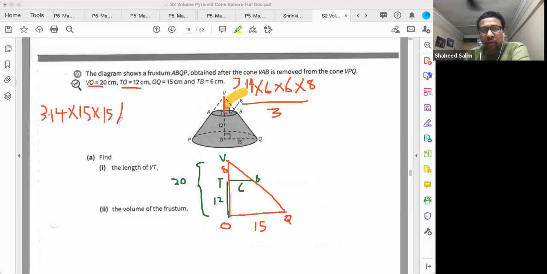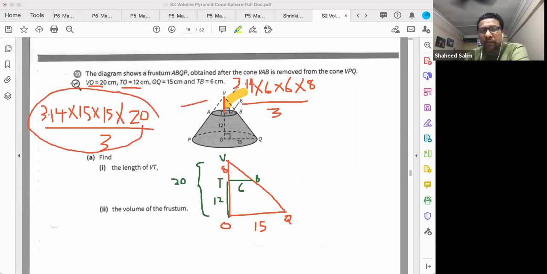The height is 12? No, it's 20, because the whole height is 20. They tell us VO is 20. Then you divide by 3. Once you get the answer, this minus this, you will get this part here.